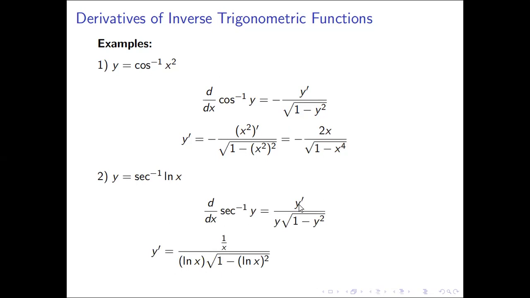we have the derivative of ln x on top. The derivative of this one is 1 over x. And then we replace y by ln of x, so ln x squared.